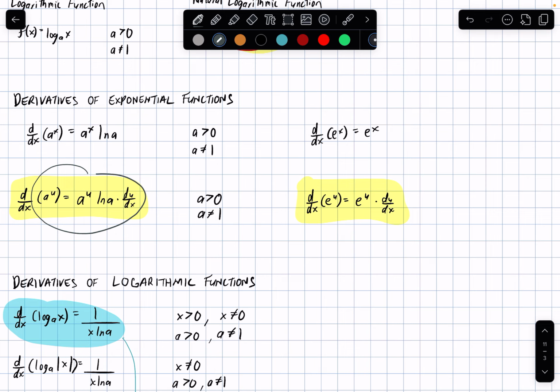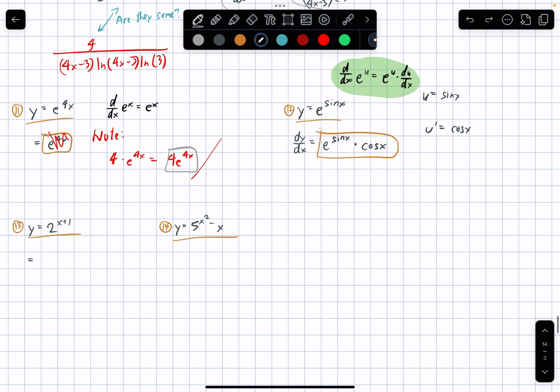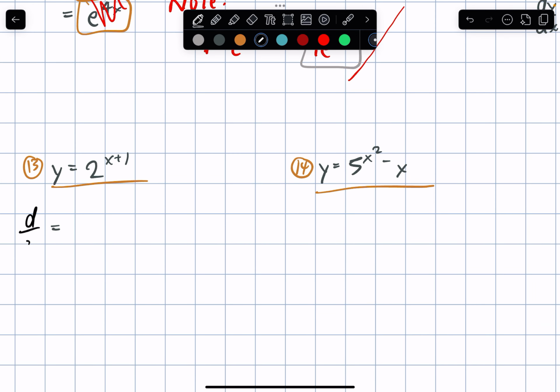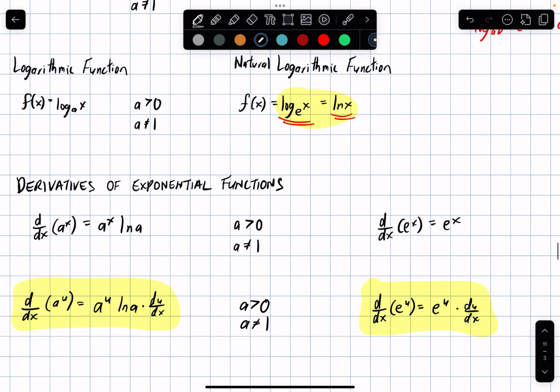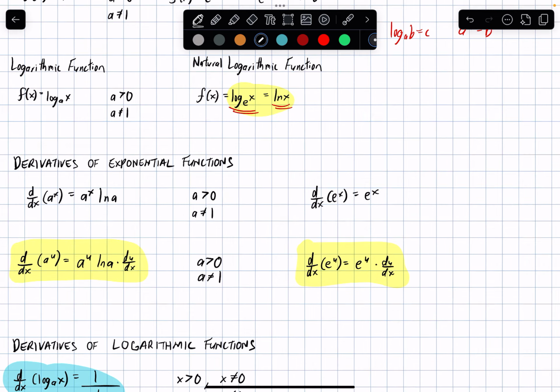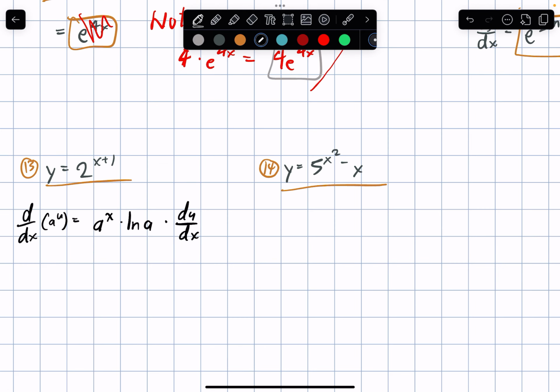I think we use this. Let's confirm if I remember it correctly. Okay, just, oh yeah, that is correct. Except that. Okay, this is good.